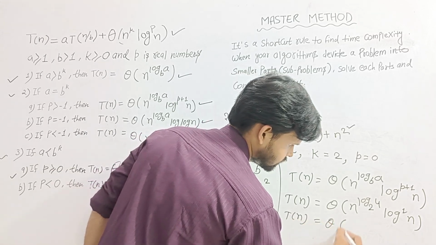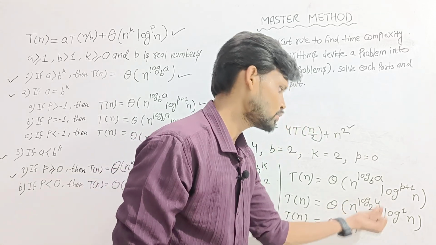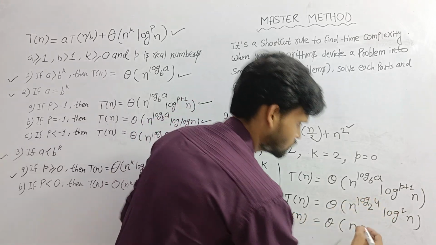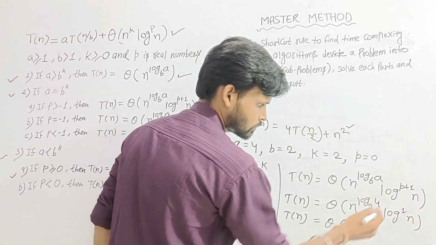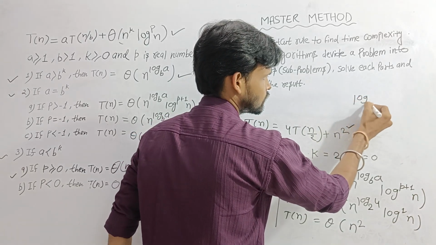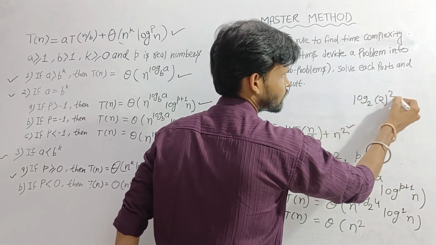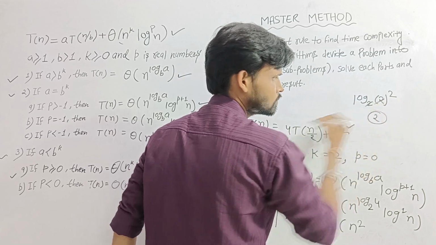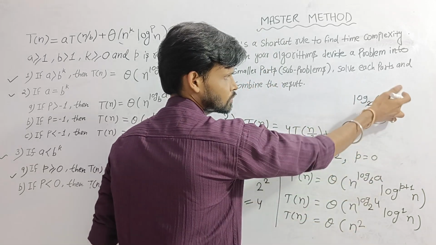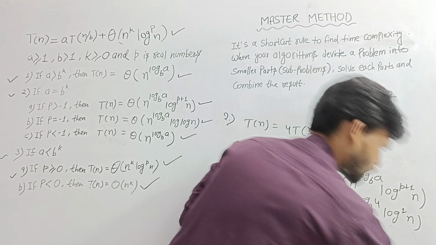T of n equals theta of n power log base 2 of 4. What is the value of log base 2 of 4? 2. Because we can write it like this, log 2 power 2, base cancels.